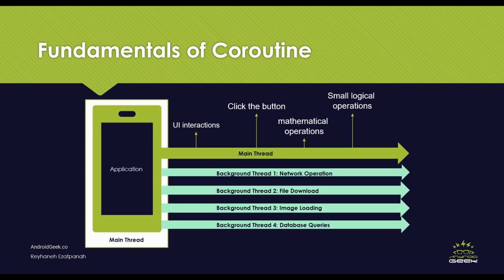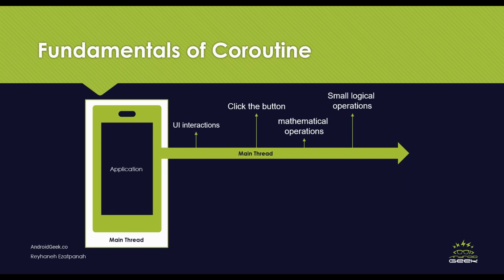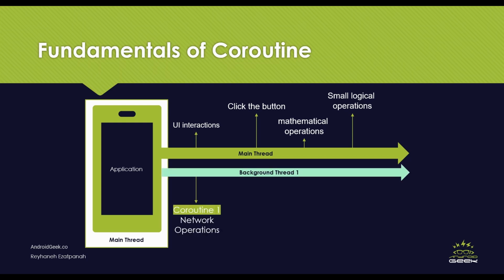When you use coroutines, you don't have to create so many threads for each operation. You can have just one background thread and you can launch coroutines on this thread, such as launching a coroutine to perform some network operation.